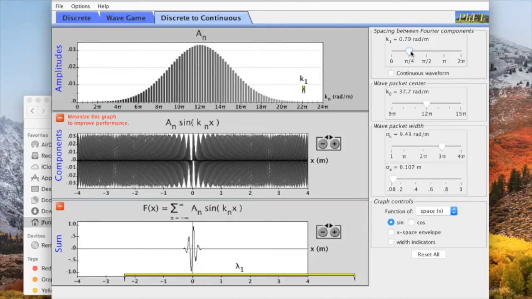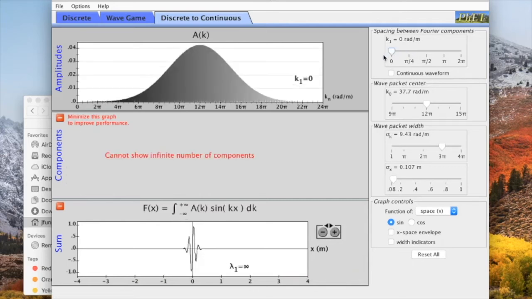And if I drag this all the way over here, so that we're doing not a discrete sum but a continuous sum, like the integral I talked about, lo and behold, we have an isolated blip of waves. This is what we call a wave packet.